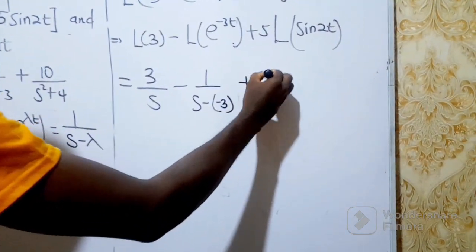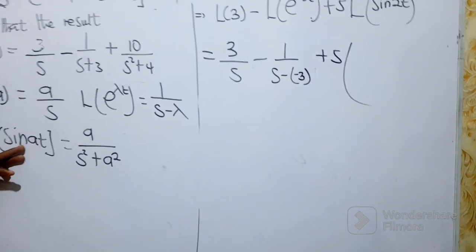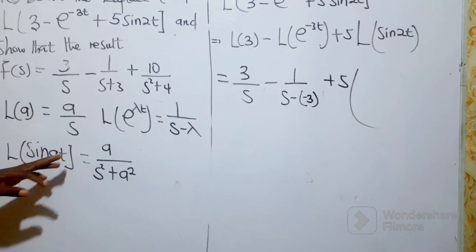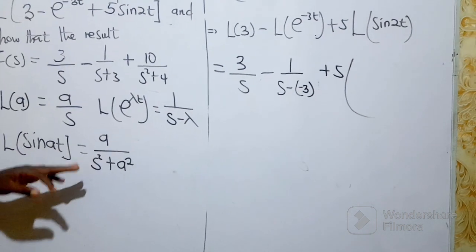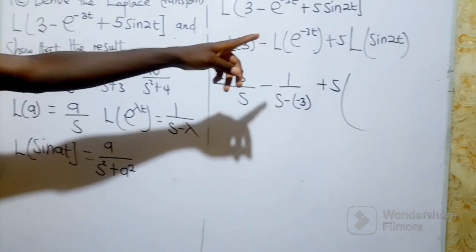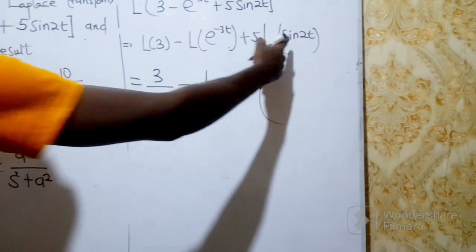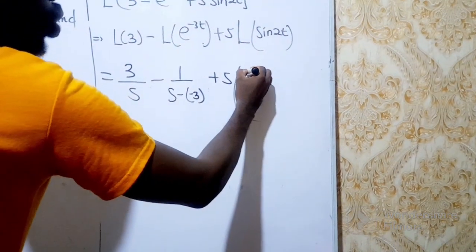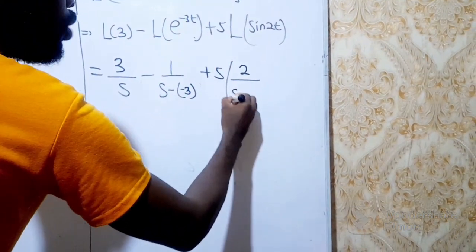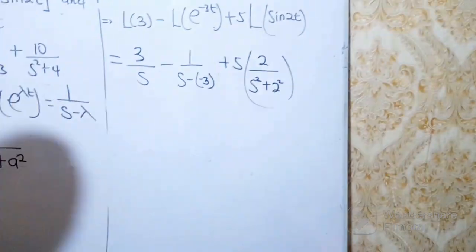Then plus 5 the Laplace of sine 2t. So we say the Laplace of sine of a constant times t will be the constant over s squared plus the constant squared. And our constant in that case is 2. I hope you get that. So we can say that the Laplace of sine 2t will be equal to 2 over s squared plus 2 squared. This is very interesting.